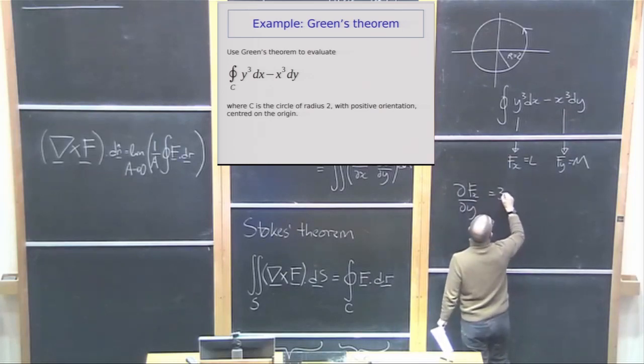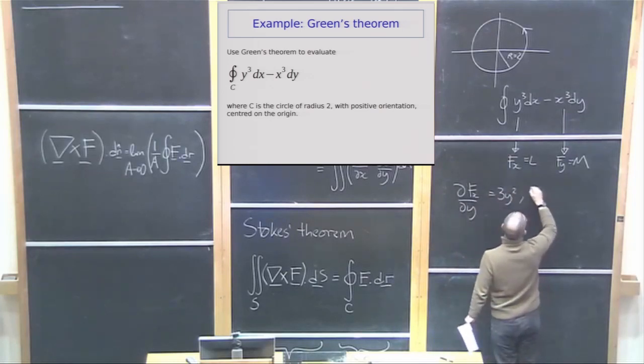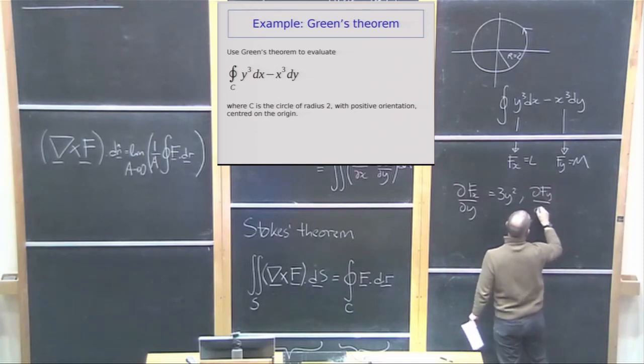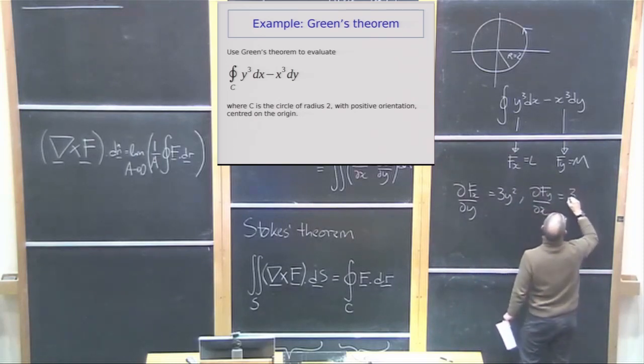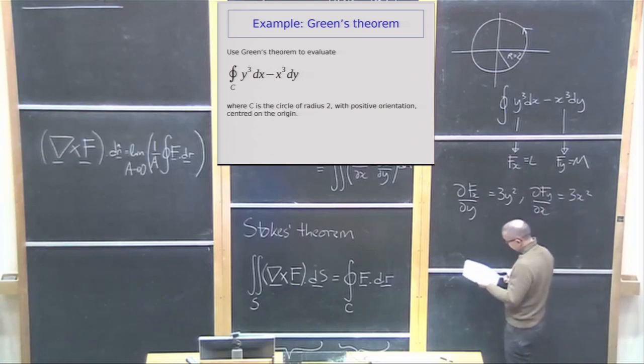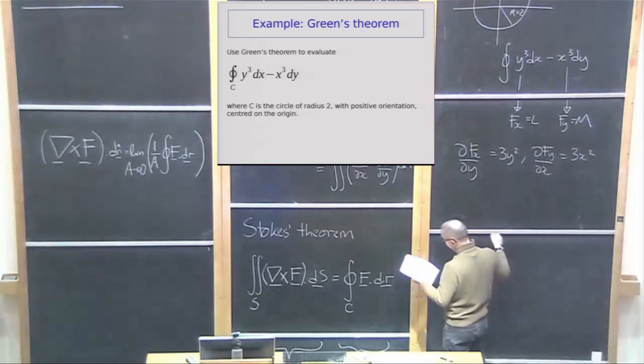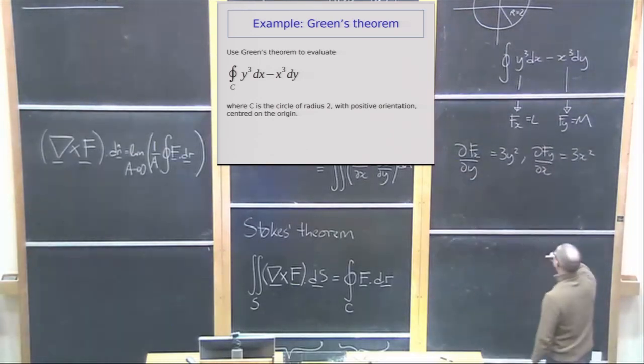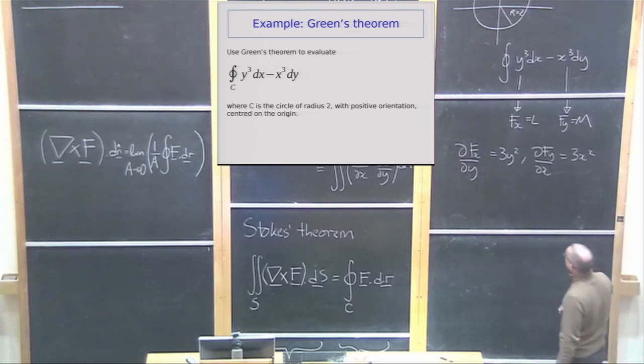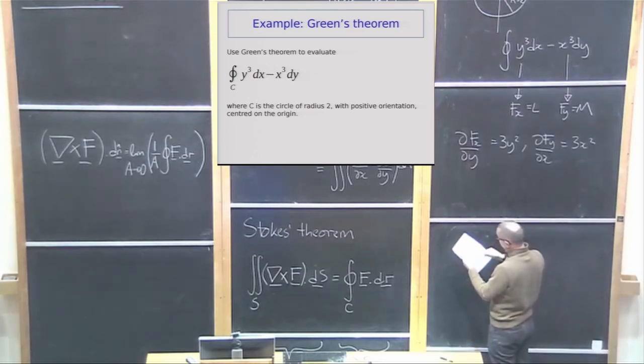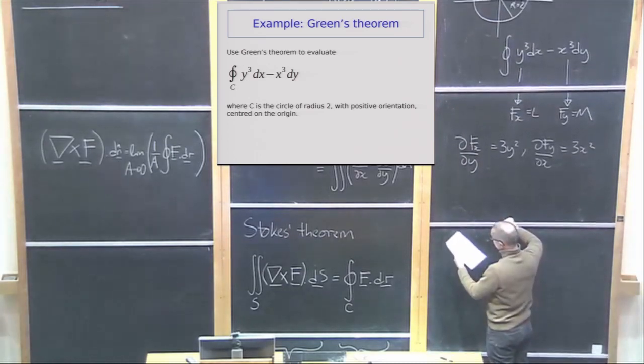That's going to be 3y squared, and dfy by dx is going to be 3x squared. And we're going to convert these to plane polar coordinates because we're doing a surface integral of a circle, so of course the obvious thing to do is to put this into plane polar coordinates.